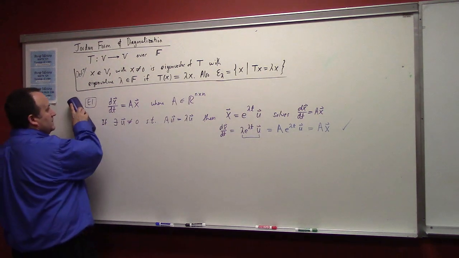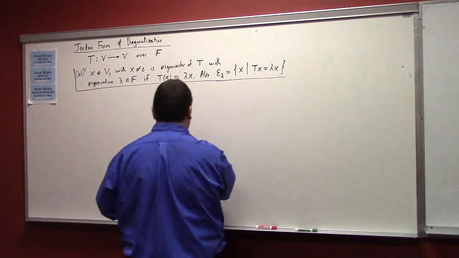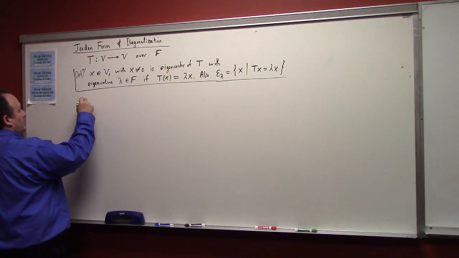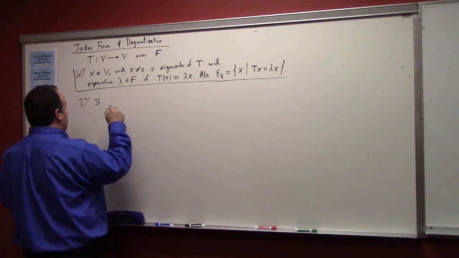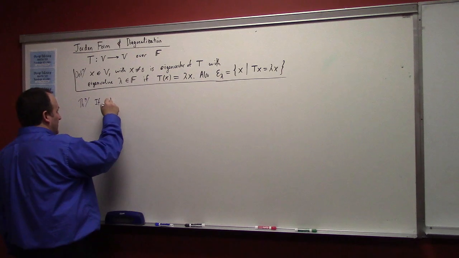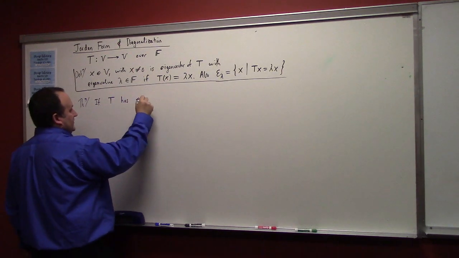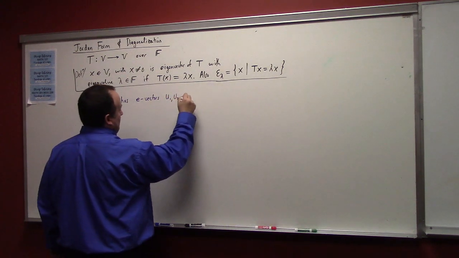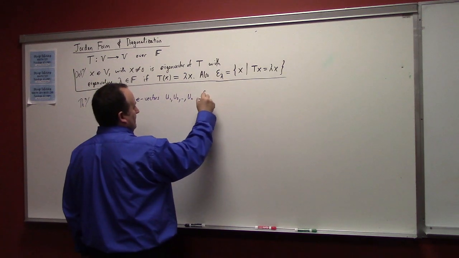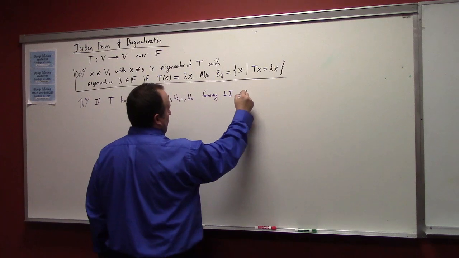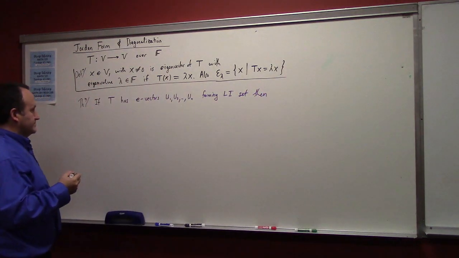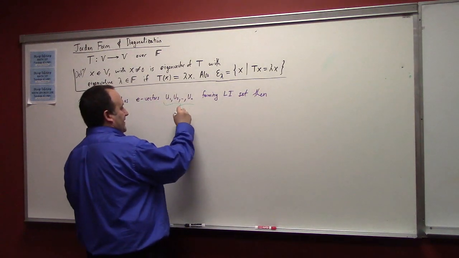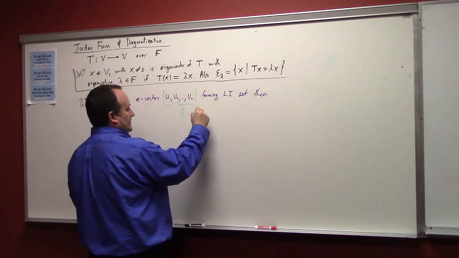Can I erase? Okay. So, theorem. If T has eigenvectors u1, u2, up to un, forming a linearly independent set, then, well, for one thing, that makes this set, call it beta, thinking collectively as a set, a so-called eigenbasis.